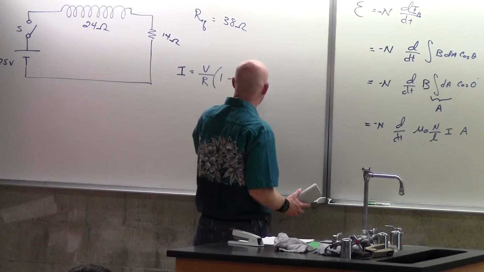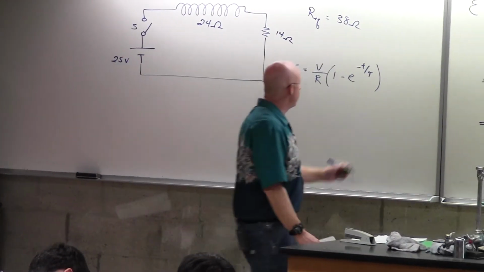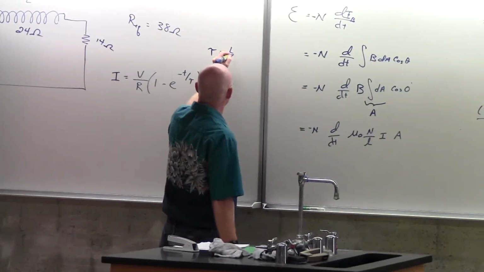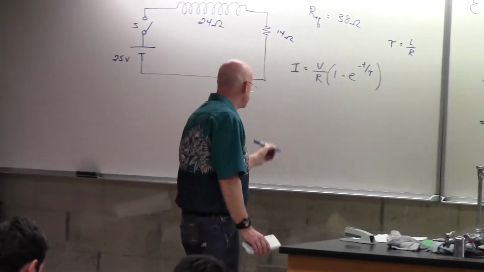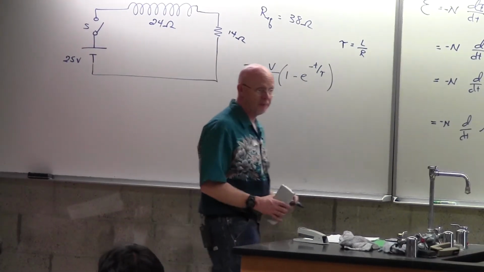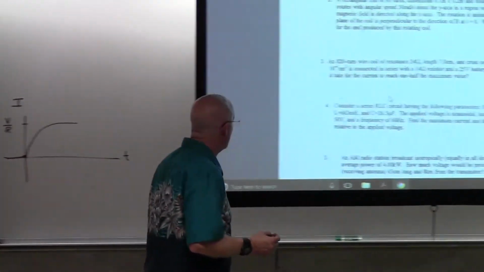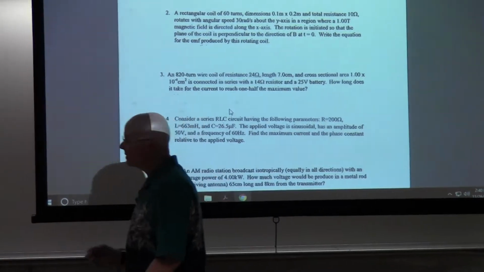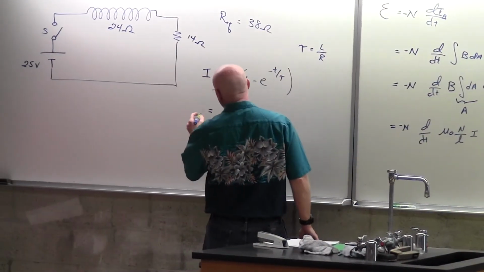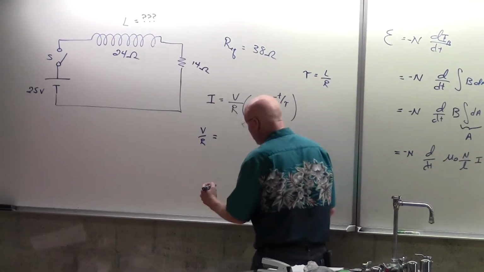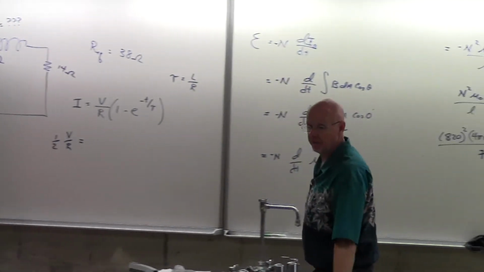It acts just like the capacitor, where the time constant was this L over R. And so now I've got a little bit more math to do, because they say how much time does it take for the current to reach half of its maximum. So its maximum is V over R, and so you want it to reach half of V over R.